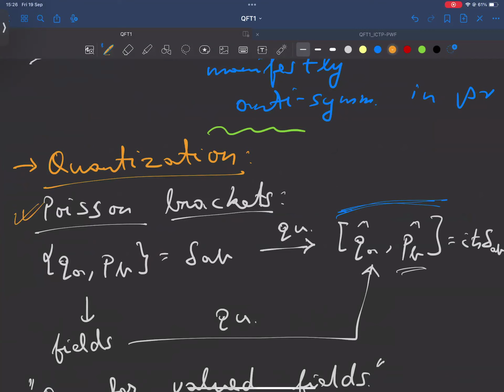In classical mechanics, when you write down a Poisson bracket between generalized position and generalized momenta, you get an equation like this. And the concept of quantization is essentially translating the Poisson bracket to commutators. But this step is a very non-trivial step.